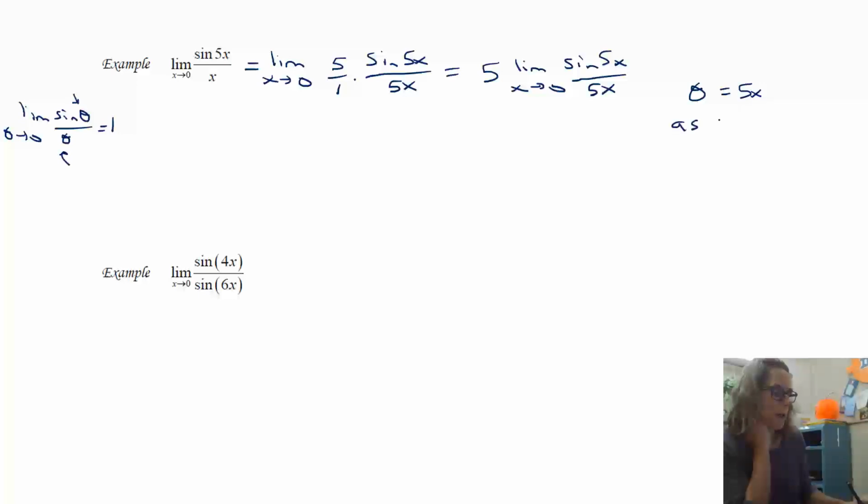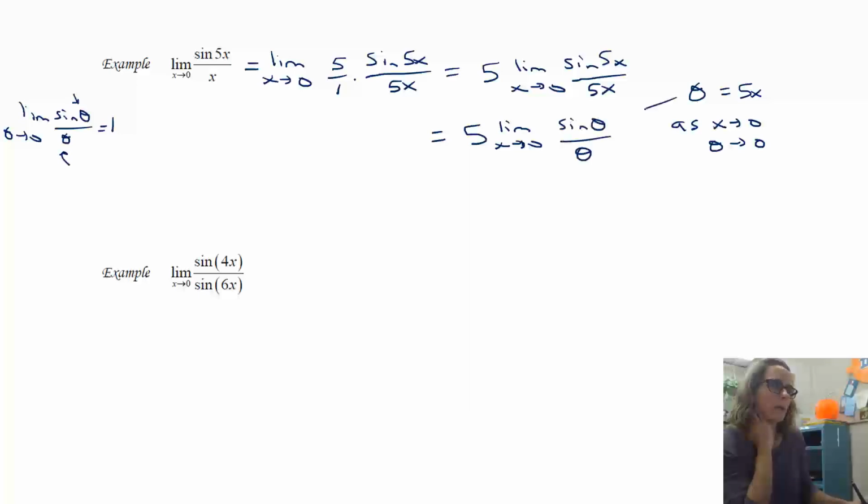So I can say as x goes to 0, so basically if we were to take a limit of 5x as x goes to 0, 5x is going to go to 0. So then that tells us that theta goes to 0 as well. And the idea behind that is that by doing so, we can now make this into the limit as x goes to 0 of sine of theta over theta.